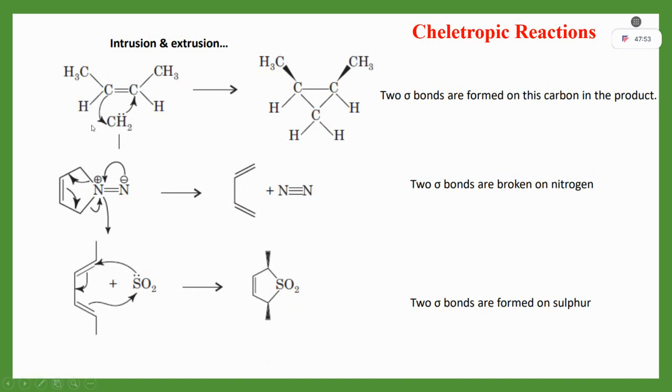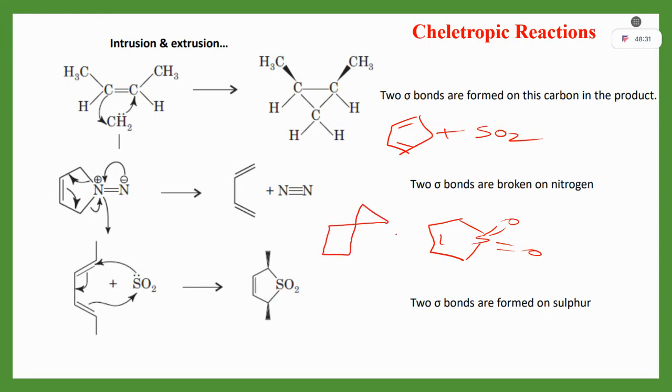This is your cheletropic reaction. In cheletropic reaction, you should remember, on the same atom sigma bonds will leave and on the same atom sigma bonds will form. For example, let me give you a hint. Let's say you are given this with cyclopentadiene.